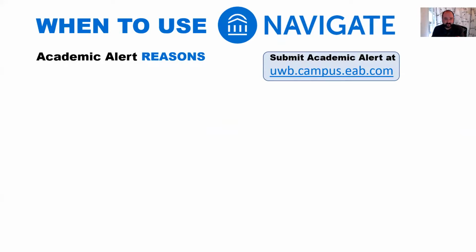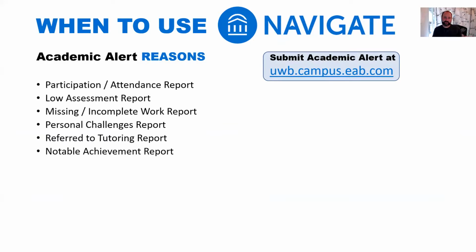So in Navigate, we've set up a series of reasons that you might issue an alert. The first section of them are called reports, right? So we have a participation attendance report, a low assessment report, a missing or incomplete work report, personal challenges report, referred to tutoring report, or notable achievement report, okay?